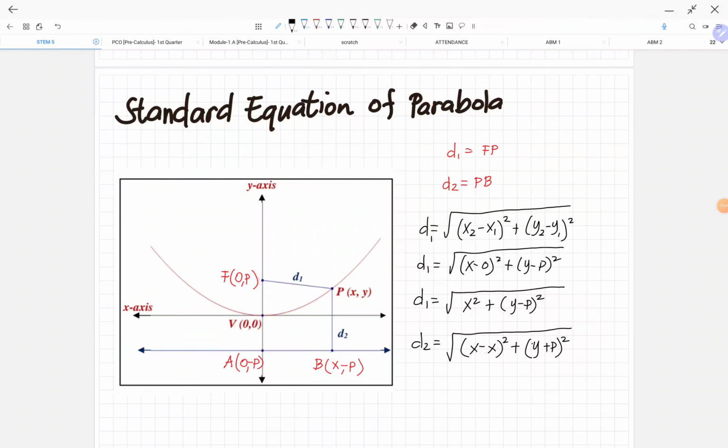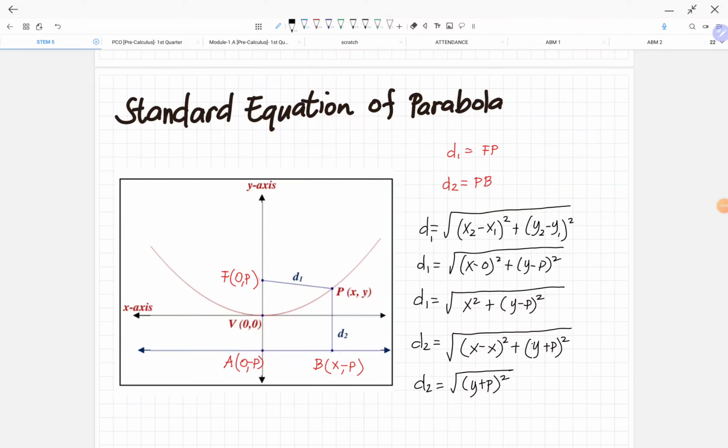And we all know that subtracting an expression from the same expression would mean 0. So therefore, d sub 2 is simply equal to the square root of, so this will be 0, x minus x is 0, squaring it is 0, so we have the quantity of y plus p squared.